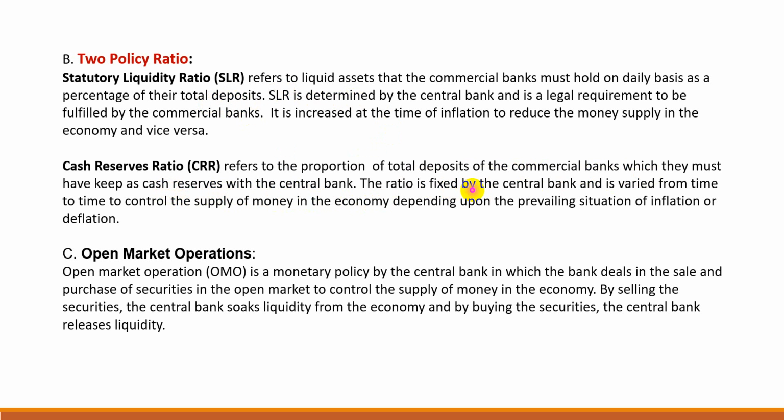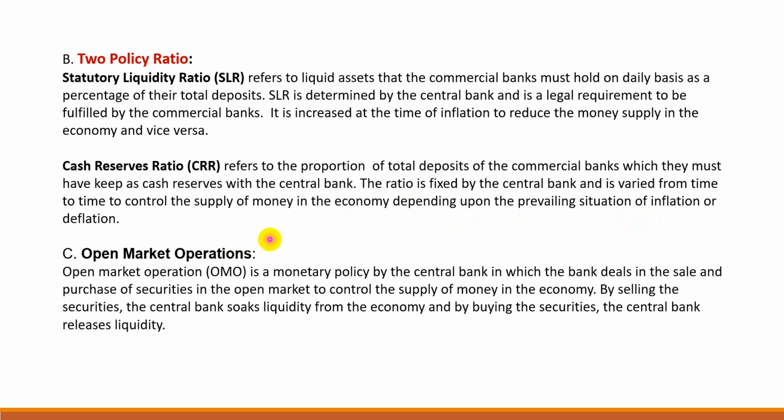The ratio is fixed by the central bank and is varied from time to time to control the supply of money in the economy, depending upon the prevailing situation of inflation or deflation. During the inflation, it increases CRR, and during the deflation, it decreases the CRR.